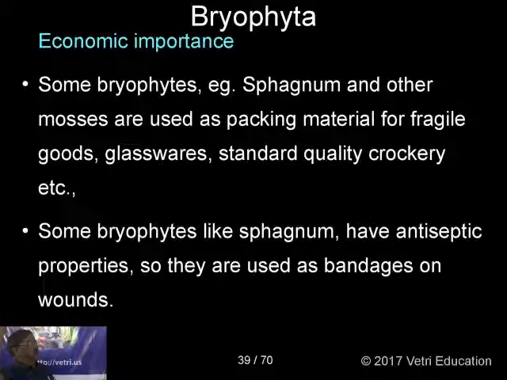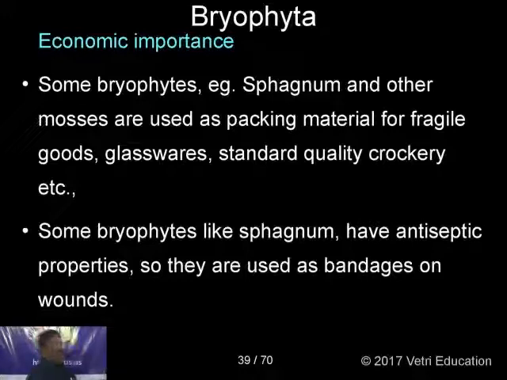Some bryophytes, for example sphagnum and other mosses, are used as packing material for fragile goods, glassware and good quality crockery, because after drying they are like soft leaves, so they are used to pack glassware and other very essential fragile materials, cups and so on. They are stored or packed with the help of these sphagnum-like bryophytes.